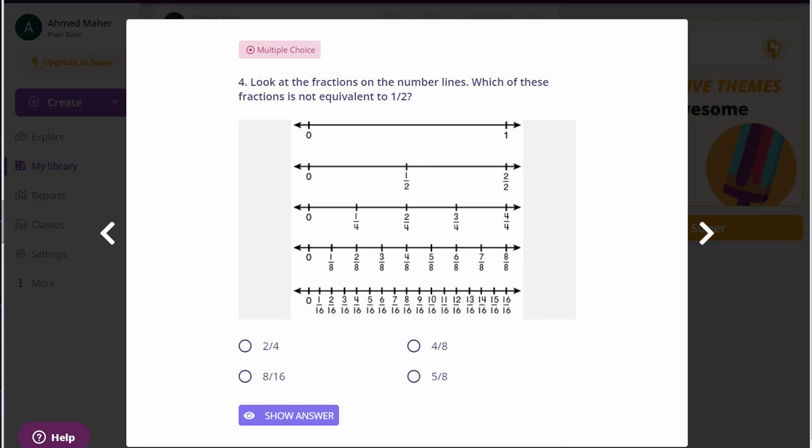Ziad? Here. Okay, go ahead. Look at the fraction on the number line. Which of these fractions is not equivalent to a half? It is 5/8. 5/8, excellent.